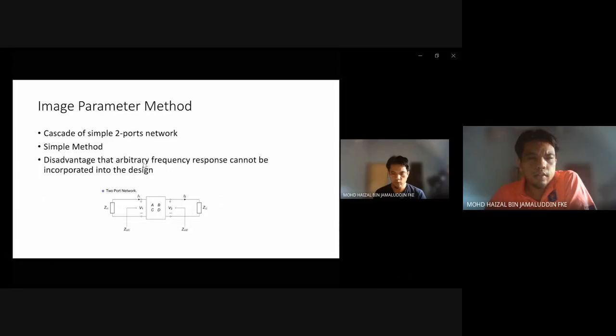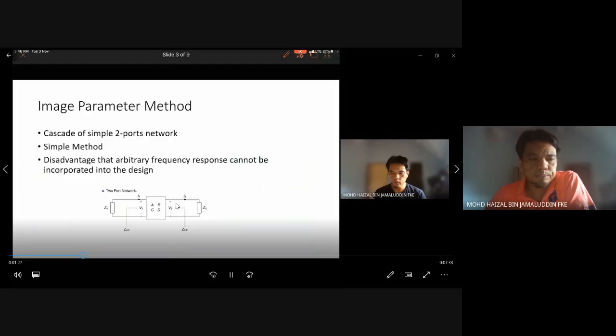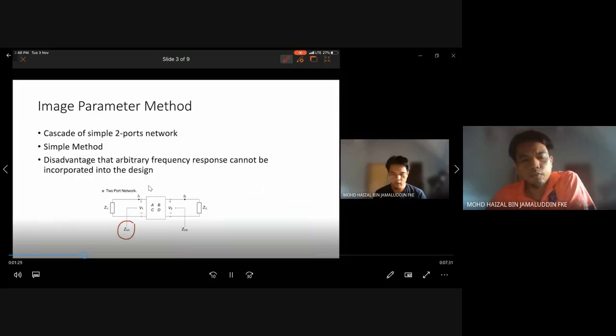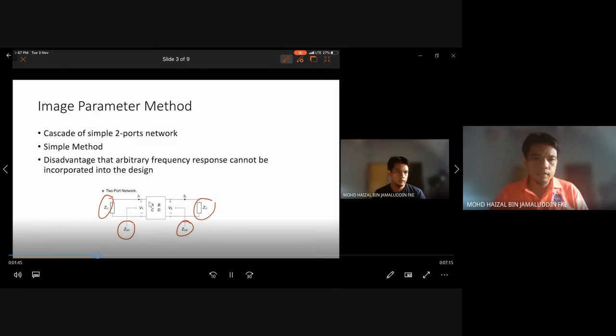However, this technique has disadvantages, especially the frequency change, which affects the impedance, both input and output. However, people are using this method because it's very simple.